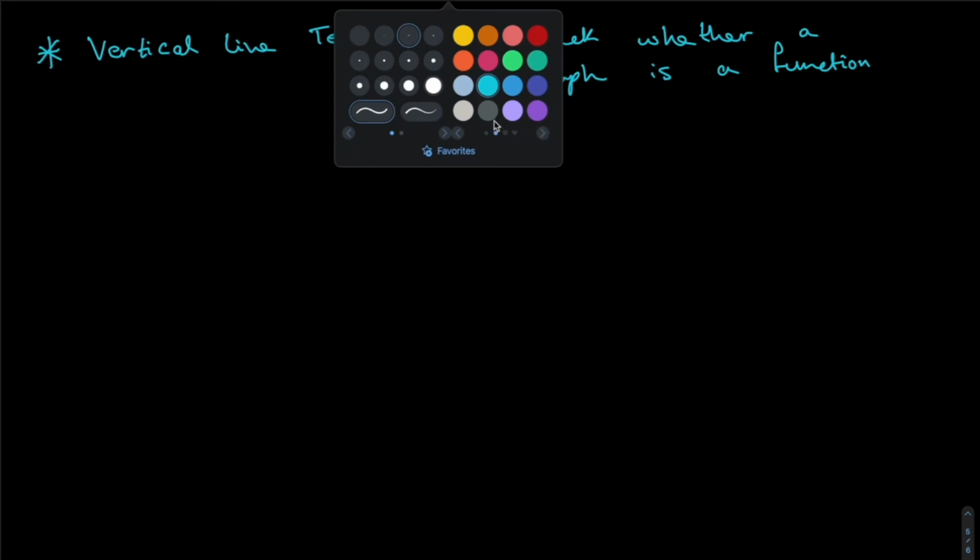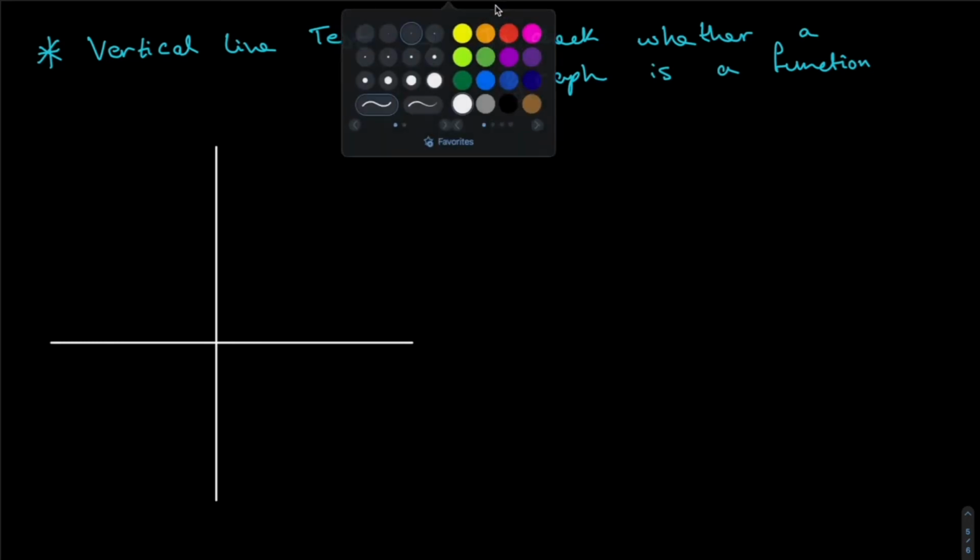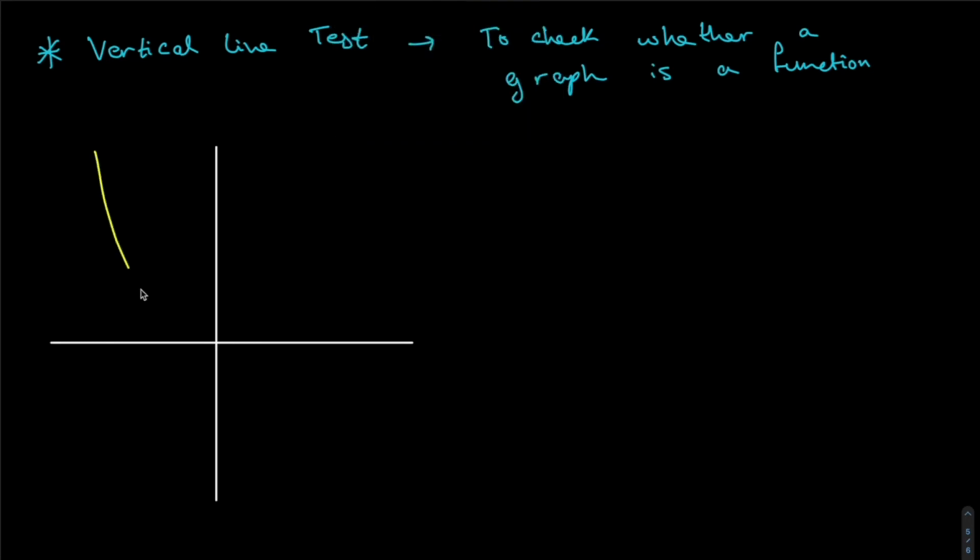The first example I'll plot is a normal parabola, which I did previously. So I have something like this, and then I'll take yellow and put it right here. A normal, simple parabola, like that.